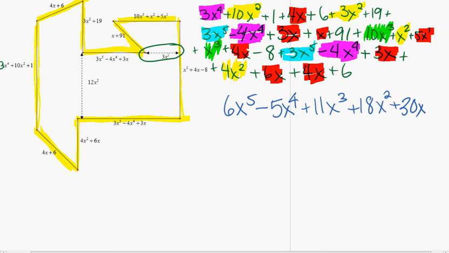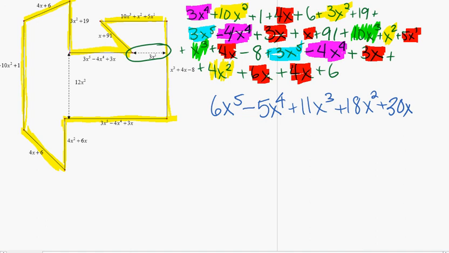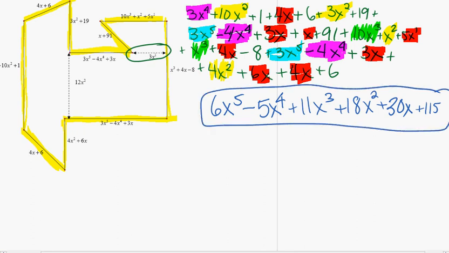And I have one more, the constants to add. 1 plus 6 is 7, plus 19, 26. 26 plus 91 is 117. Minus 8, 109. Plus 6, 115. I believe that is our polynomial to express how much fencing I need in terms of x.